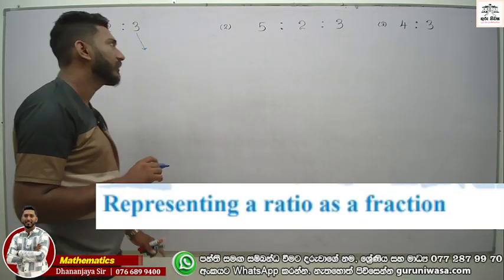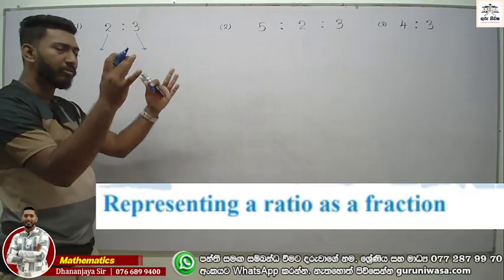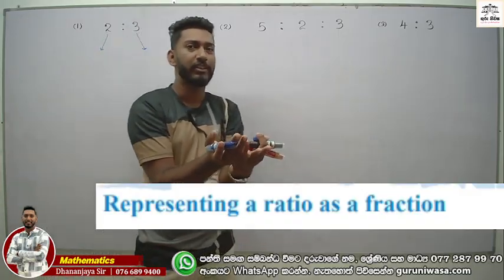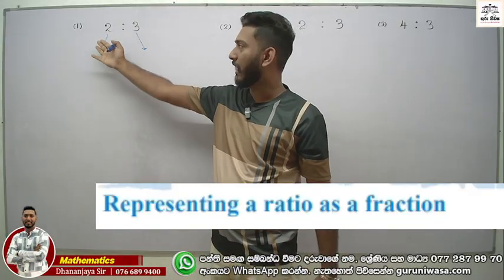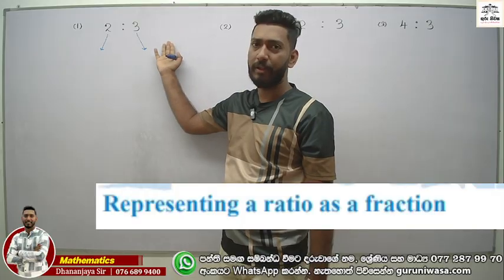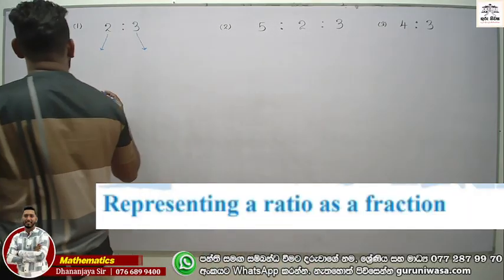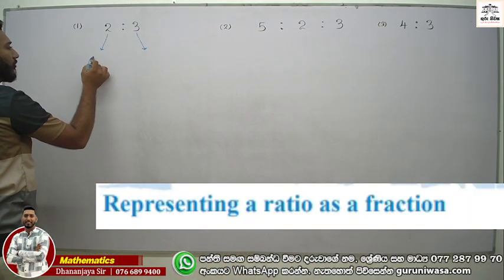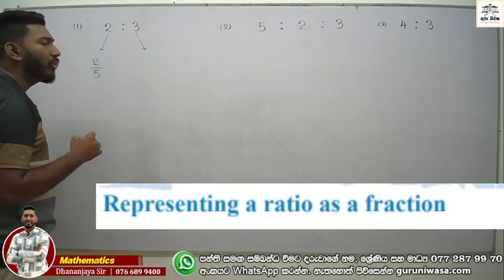There are two portions and three portions. Therefore, the sum of the whole becomes 5. The sum of these two, 2 and 3, is 5. Therefore, we say 2 out of 5. The first one can be represented as the fraction 2 out of 5.